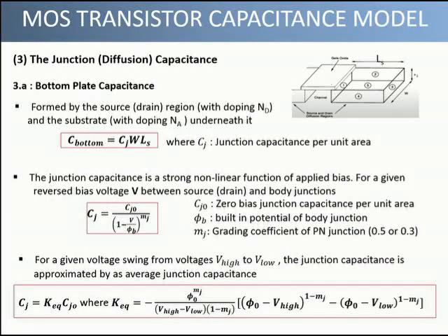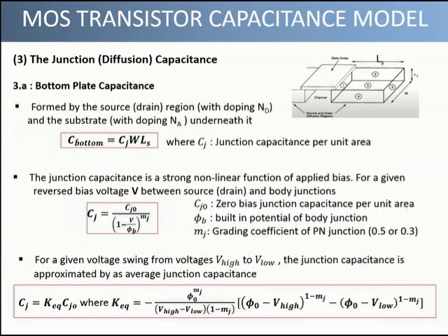The bottom plate capacitance is formed by the source or drain region with doping concentration Nd and the substrate region with doping concentration Na, which is present underneath it.